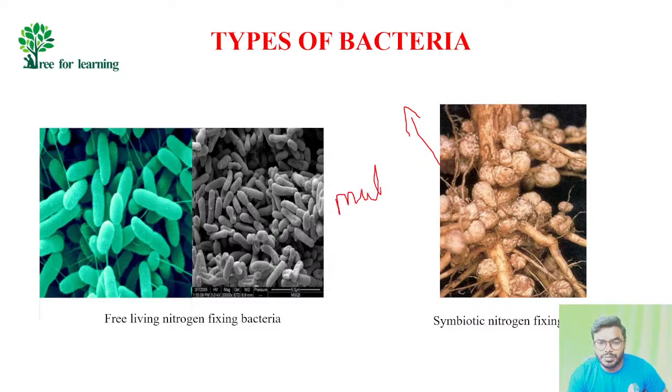The bacteria always maintain a mutualistic relationship with the other plant. By that, what is happening? Both are getting benefited. So understand my words correctly. By maintaining the symbiotic association, the bacteria have the ability to fix the nitrogen. That's the reason we have given the name symbiotic nitrogen fixing bacteria.